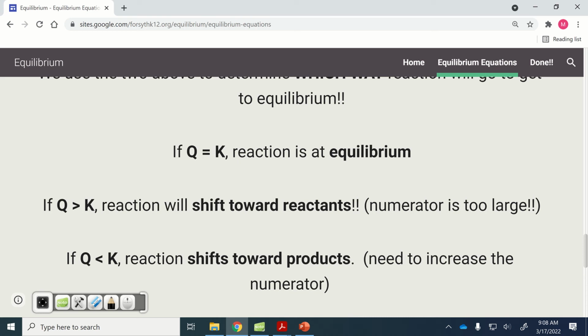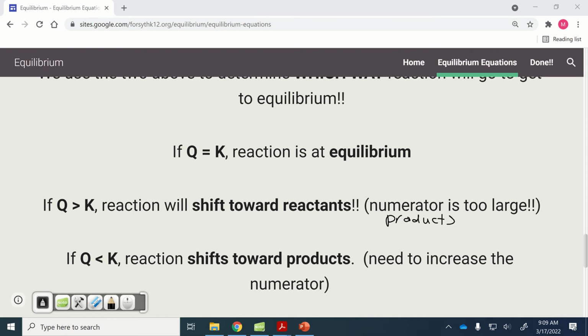If Q is larger than the K value, the reaction will shift toward the reactants. That's because the numerator is too large. You have too much products. The numerator, again, is the products.